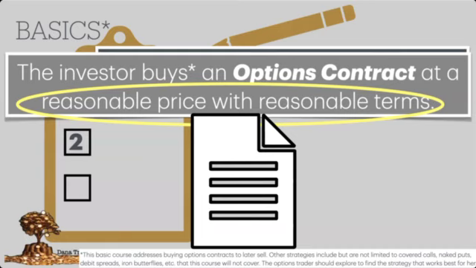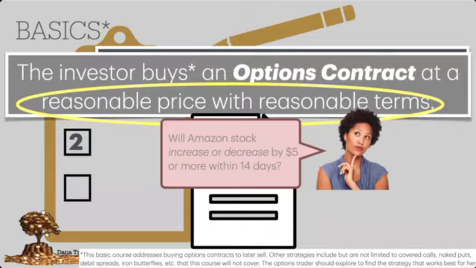If her analysis suggests that a stock price may increase $5 within the next 2 weeks, it is probably not reasonable for her to purchase a contract with a strike price that is $10 higher than the stock's current price with an expiration date of 2 days. Lack of reasonableness in contract selection will lessen your probability of profit.